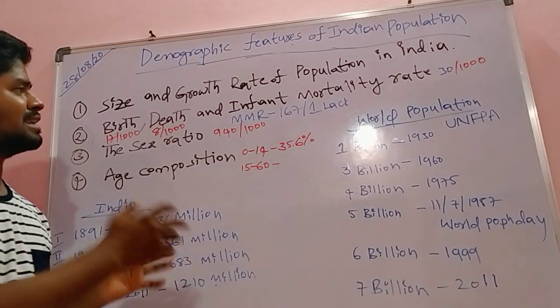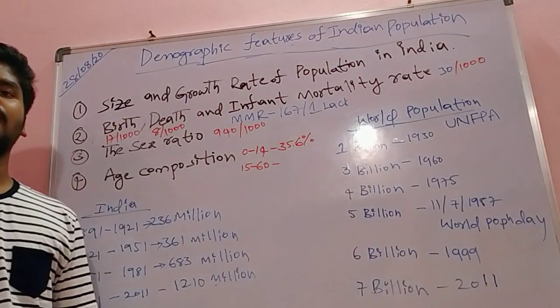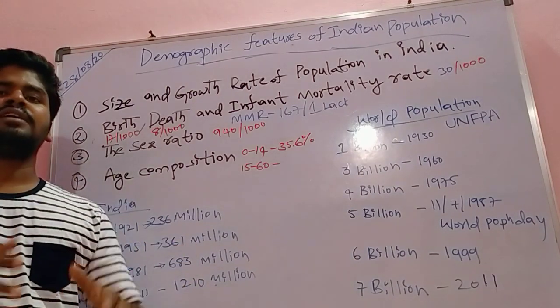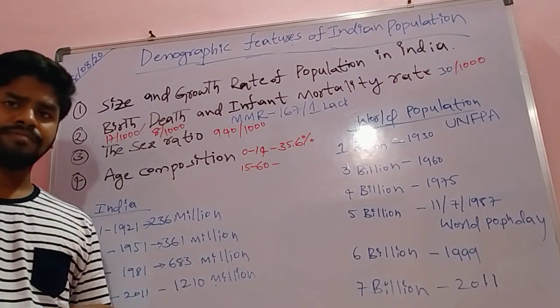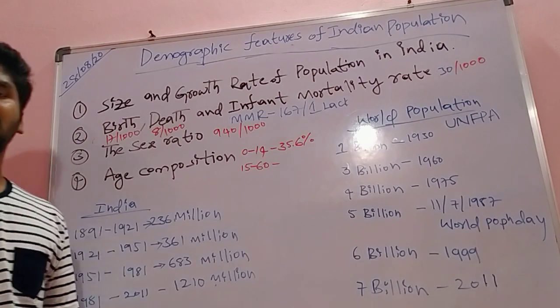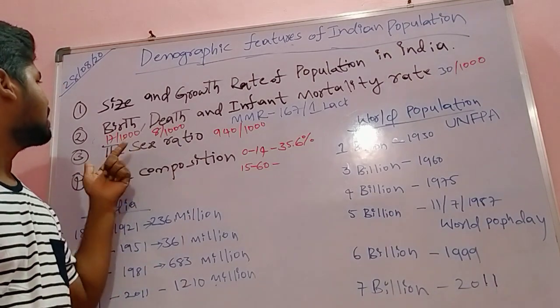The population is increasing continuously, and the death rate is declining. So we have to maintain stability in the population through family planning, government subsidies, and precautions in the health sector to decrease the infant mortality rate and maternity mortality rate.